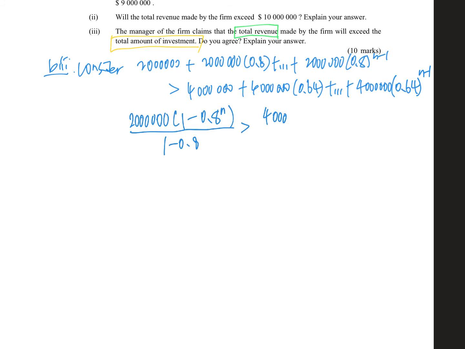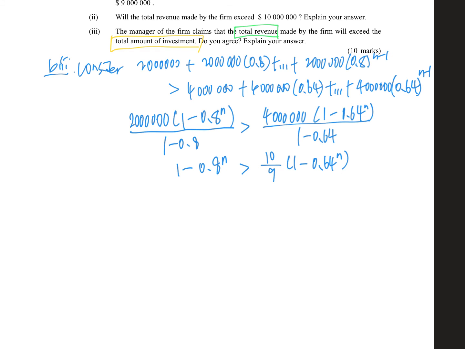First term is 4 million, and then 1 minus 0.64 to the power of n over 1 minus 0.64. Then we may try to cancel all the zeros on both sides of the inequality. And then we'll get 1 minus 0.8 to the power of n bigger than 10 over 9 times 1 minus 0.64 to the power of n. Now observe the two exponential terms; here we should look at these two terms.